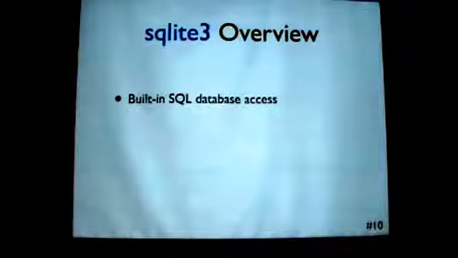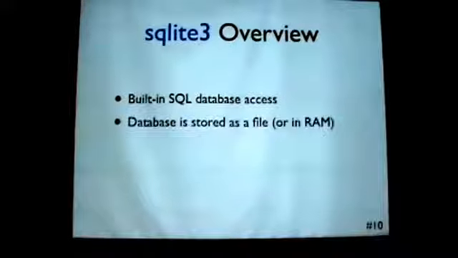So we're going to use SQLite 3, which is nice because it's small. It interacts nicely with Python. It's not extremely powerful, but that's okay. We don't have a huge database. It gives you this sort of built-in SQL syntax access to it.